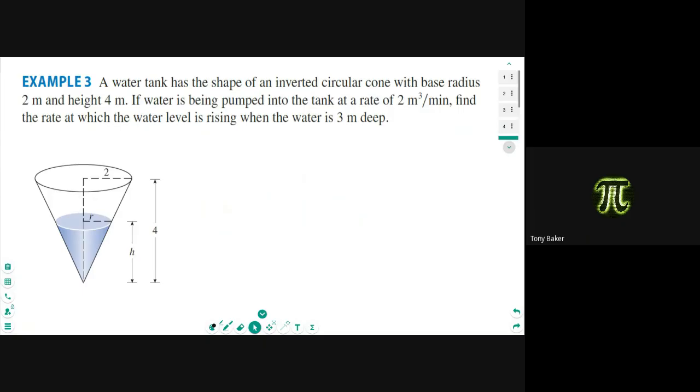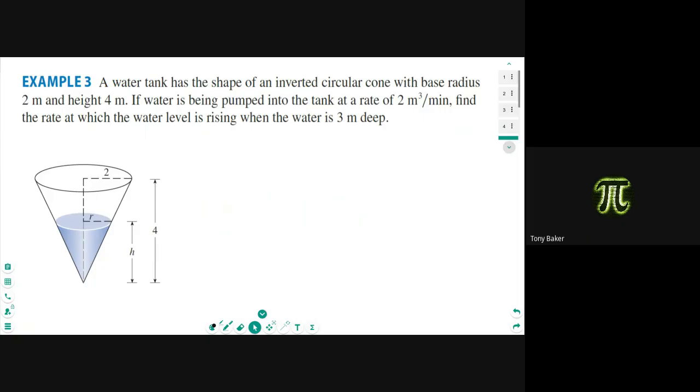If water is being pumped into the tank, what do you think the radius is going to do? It's going to be increasing. Understanding that dynamic is going to help you in the problem. Just like with the ladder, we knew it was going to fall. We knew it was going to be negative. That information is important to make sure that when you get your answer, it makes sense.